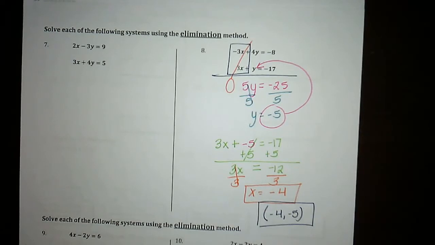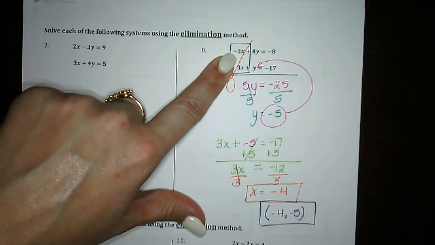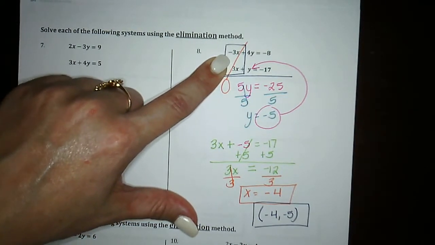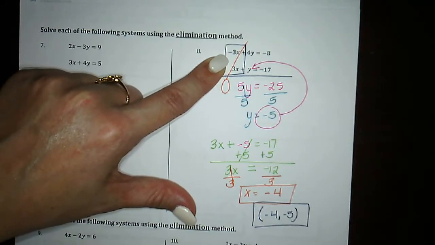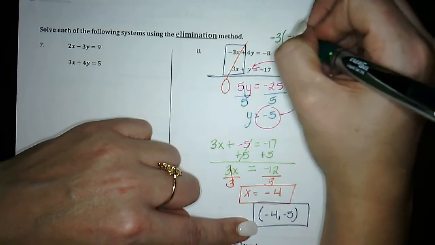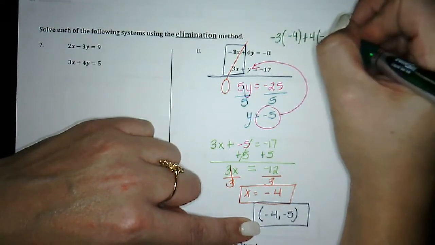But what if I want to check my work and make sure I'm correct? No worries. I can show you how to do that. We're going to take the other equation that we haven't used yet, this negative 3x plus 4y equals negative 8, and we're going to sub x and y into these. So we have negative 3, x we said is negative 4, plus 4, y is negative 5.